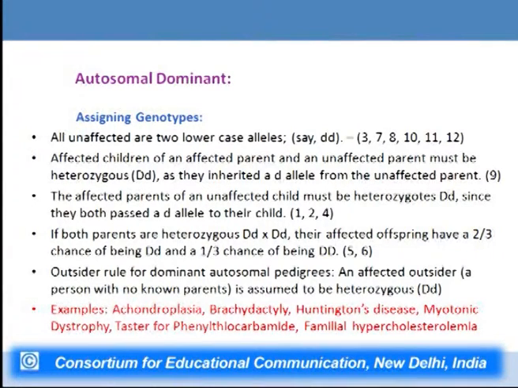If both parents are heterozygous, that is capital D, small d, then their affected offspring have a 2 out of 3 chance of being capital D, small d, and a 1 out of 3 chance of being capital D, capital D. The outsider rule for dominant autosomal pedigrees is that an affected outsider, that is a person with no known parents who marries into the family, is assumed to be heterozygous, that is capital D, small d.